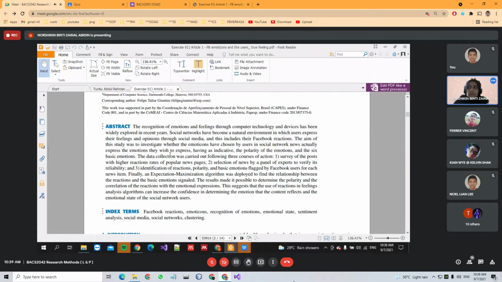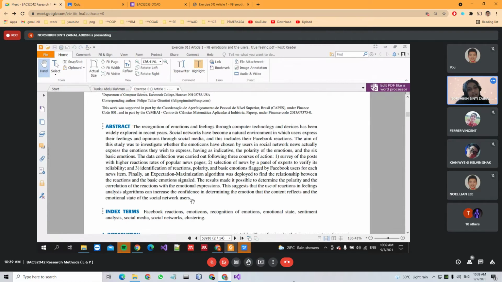For your level, it's important for you to familiarize yourself with articles or research papers. Because I'm quite familiar with articles, what I usually do is just read the abstract.